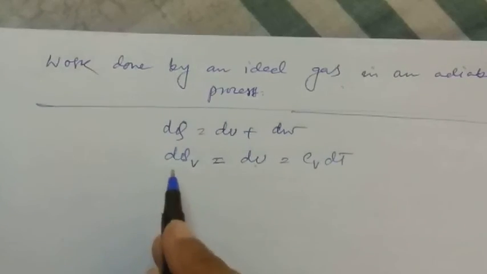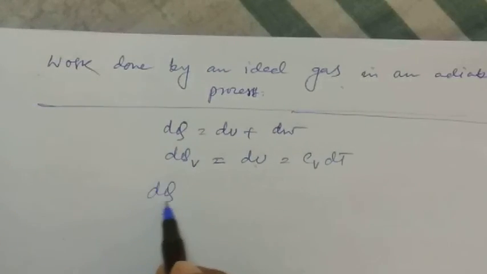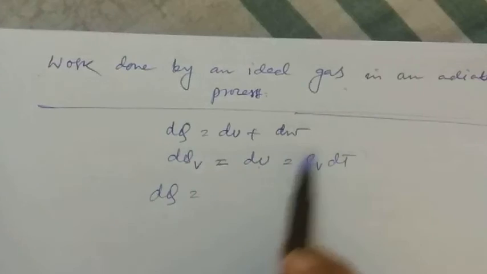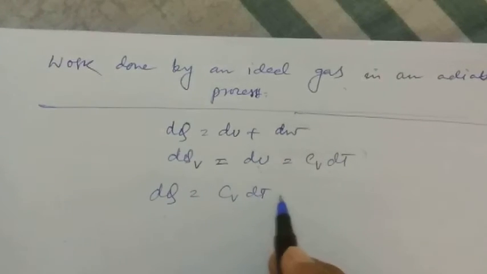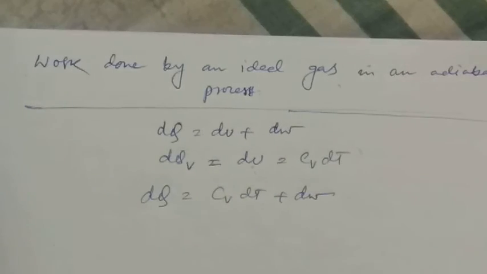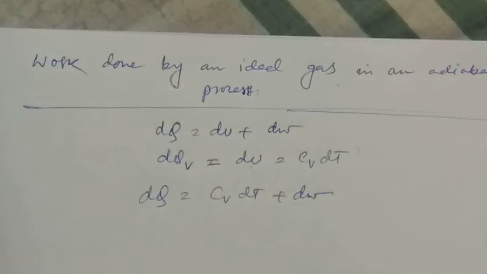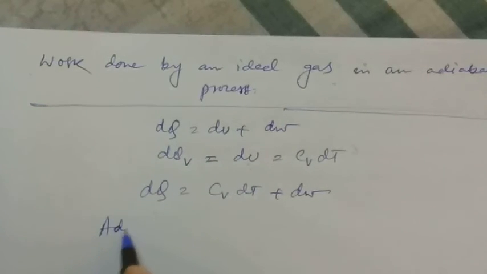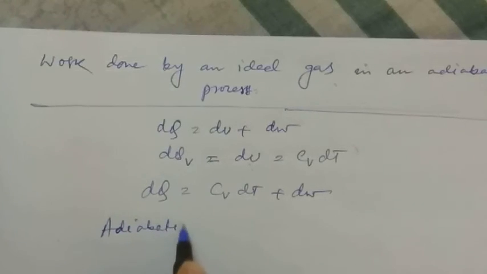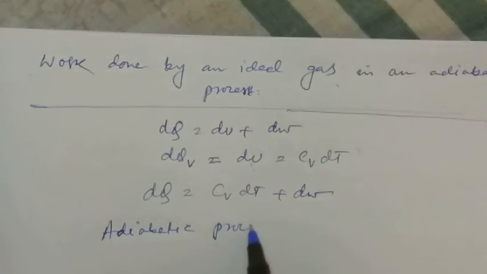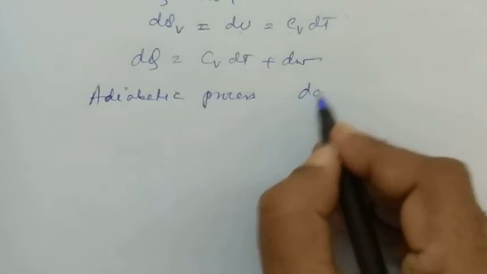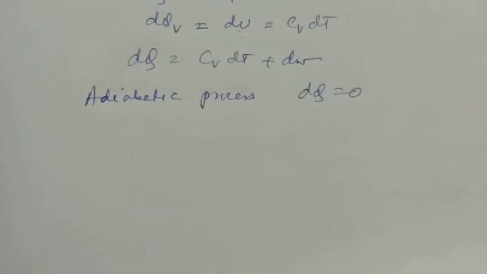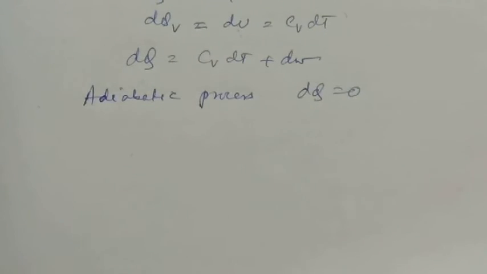So the first law can be written like this also: dq is equal to Cv dT plus dw. Now for an adiabatic process, dq is equal to 0, no heat is allowed to enter or leave the system.